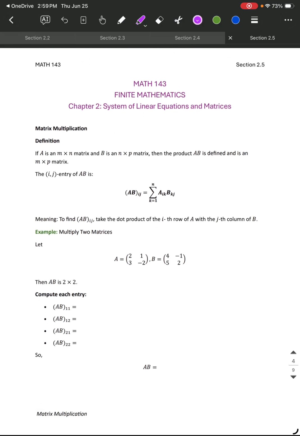Okay, then let's see how we multiply. This is the part where many students get confused.